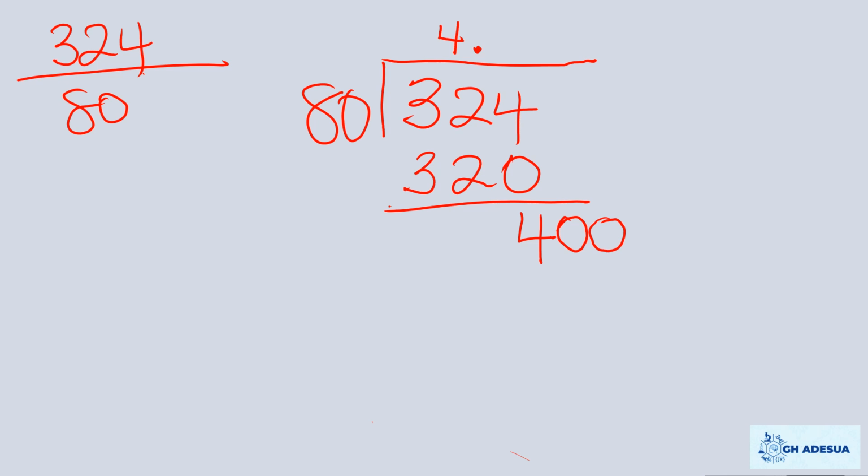Okay. So 80 will enter. Why do you write 400 here? Why the second 400? Okay. So when we subtract, we get what? Nil.